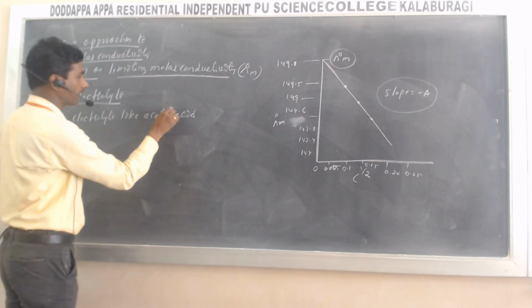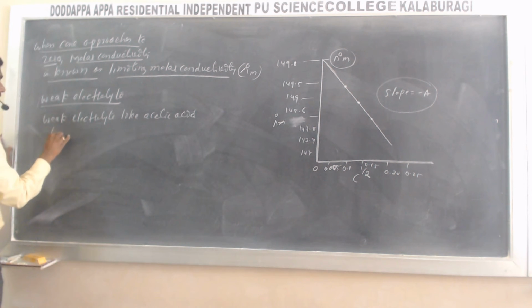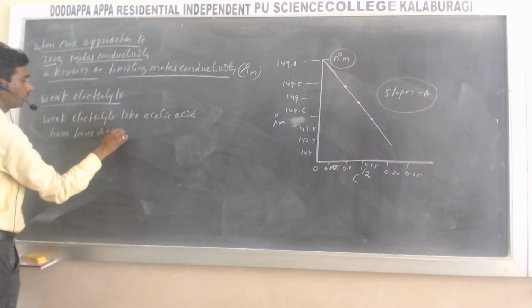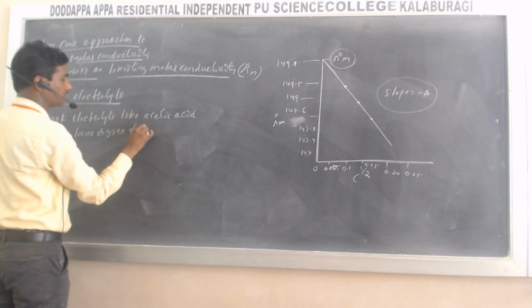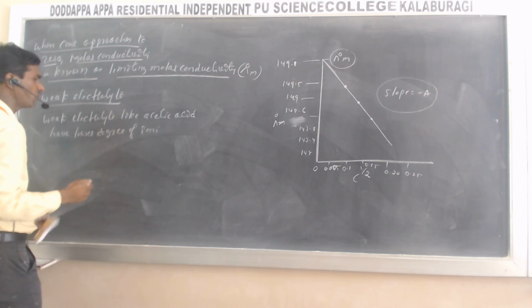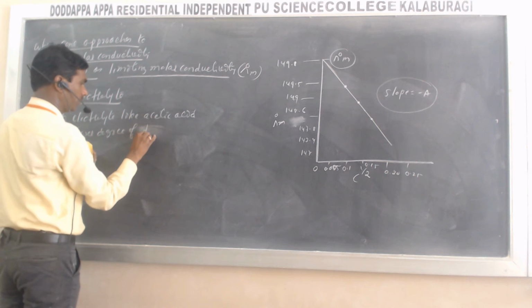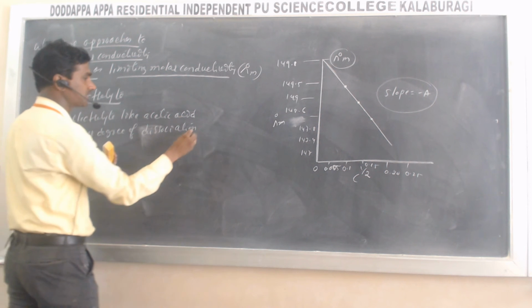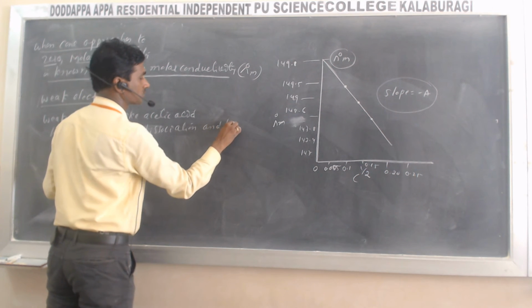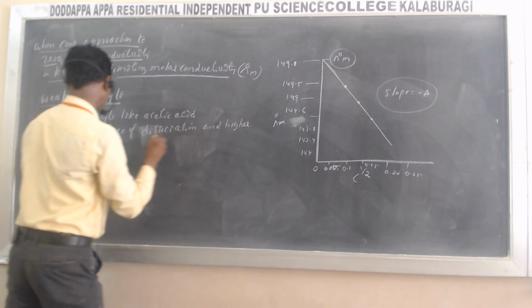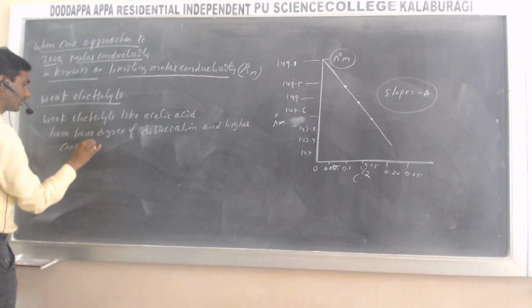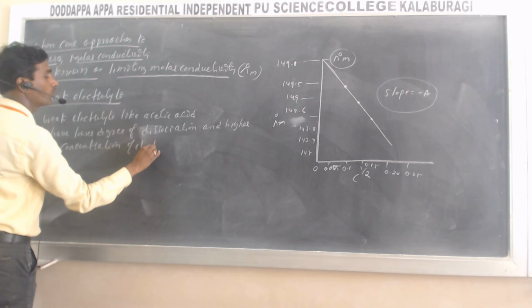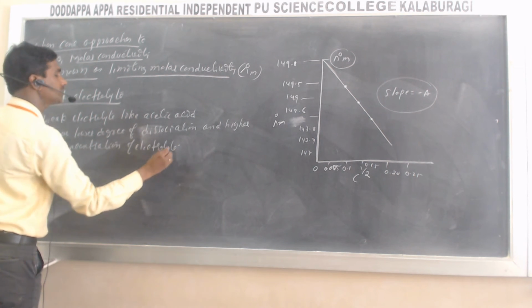So weak electrolytes like acetic acid have a lower degree of ionization or dissociation at a higher concentration of electrolyte.